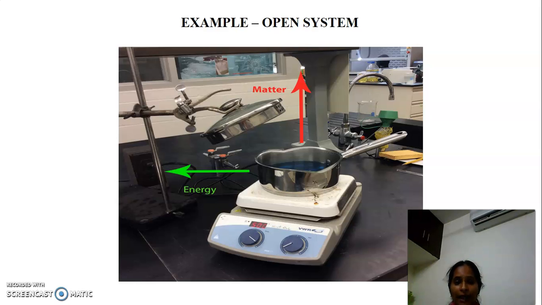Energy can go in or out of the system, but no mass can enter the system. And a pressure cooker, a kitchen refrigerator and an ice cream freezer.